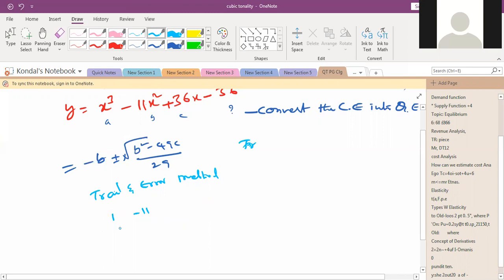So we can take this as the trial and error method. We multiply with 1 first, until we get the value 0. So when you multiply with 1, simply we can put here 0. So 1 minus 0, how much will we get?